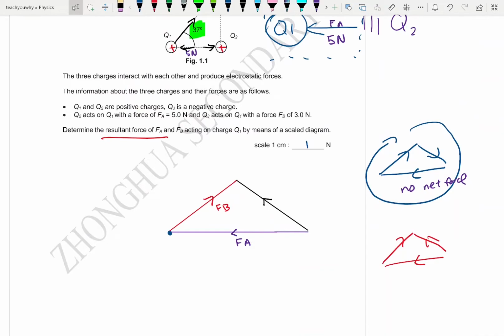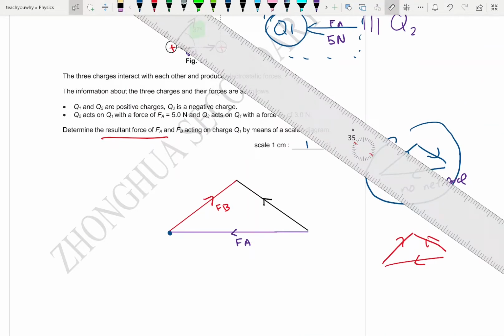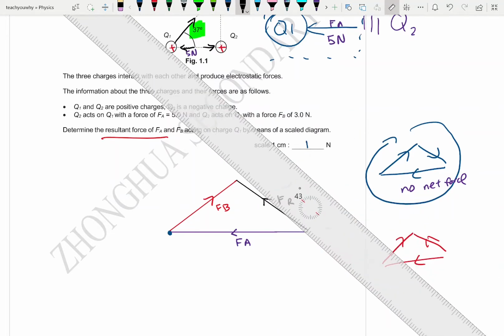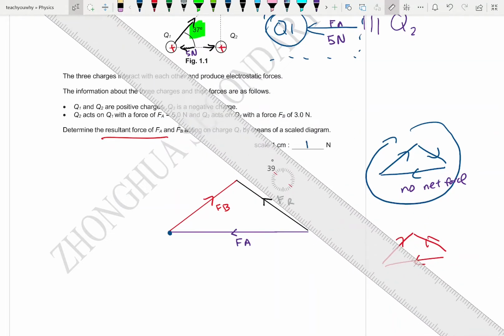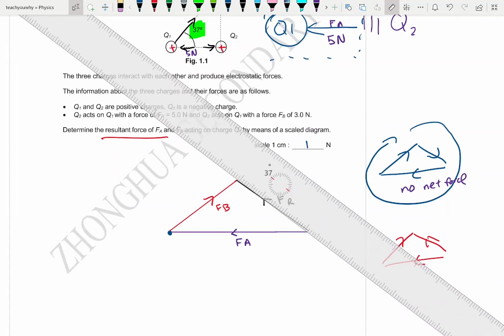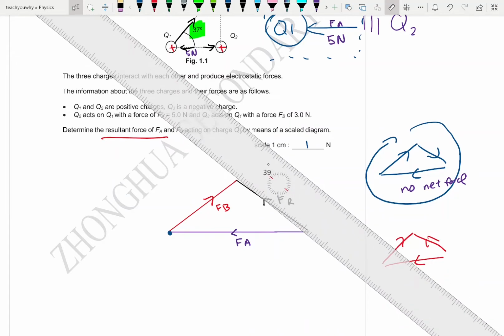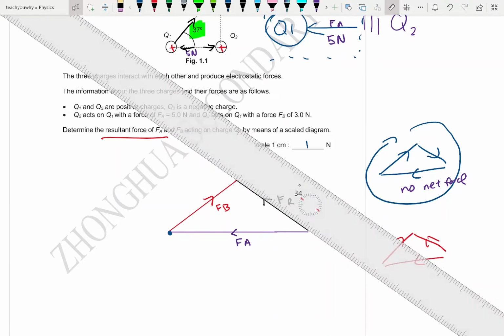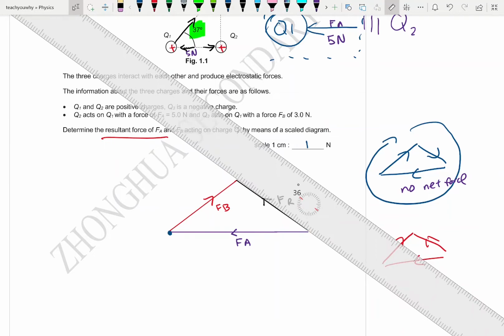We need to find this resultant force, FR. What I need to do is use a ruler to measure the length. I don't have a proper ruler, but if you have one, you should be able to measure it accurately.